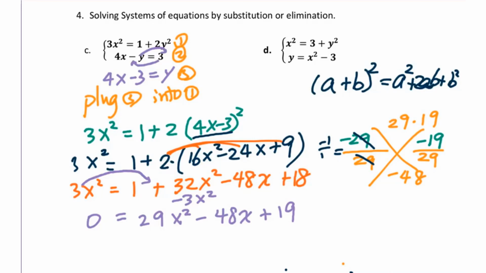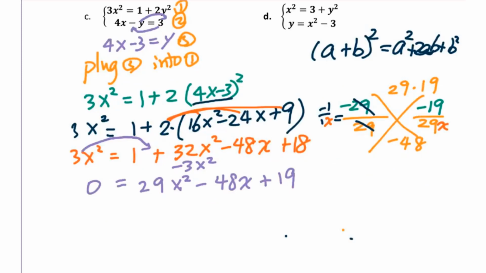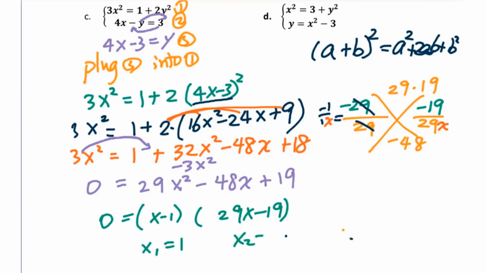Variable will be x. Therefore, you will get the factors x minus 1 and 29x minus 19 equal to 0. x1 equal to 1, x2 equals 19 over 29.